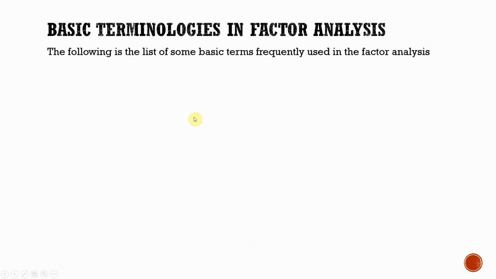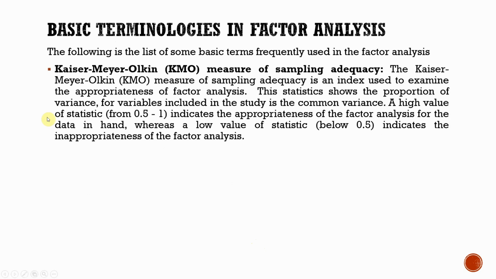Now, what are the basic terminologies that you will come across when doing factor analysis? First is the Kaiser-Meyer-Olkin KMO measure of sampling adequacy. This is an important assumption of exploratory factor analysis. The KMO measure of sampling adequacy is an index used to examine the appropriateness of factor analysis.